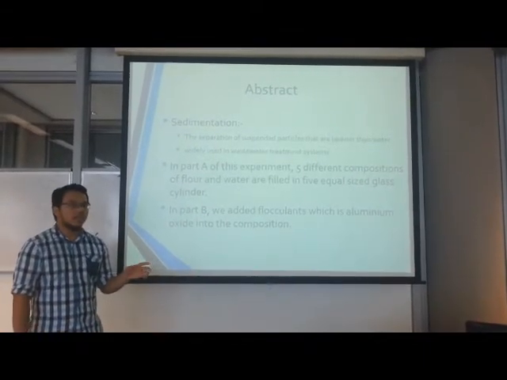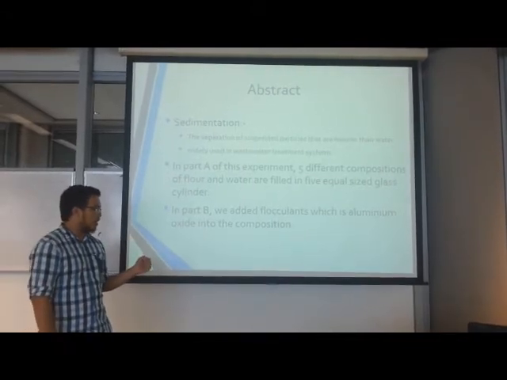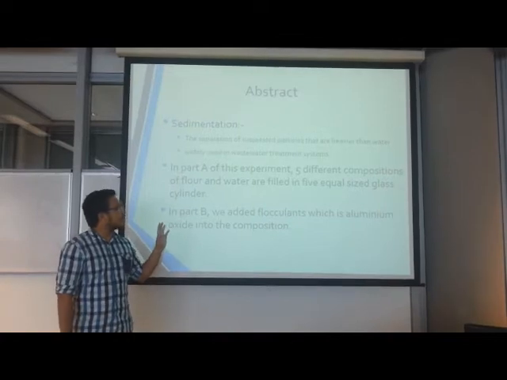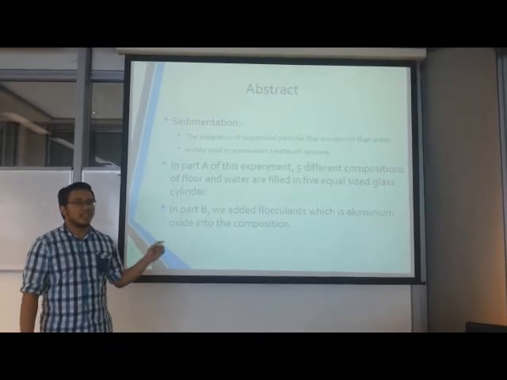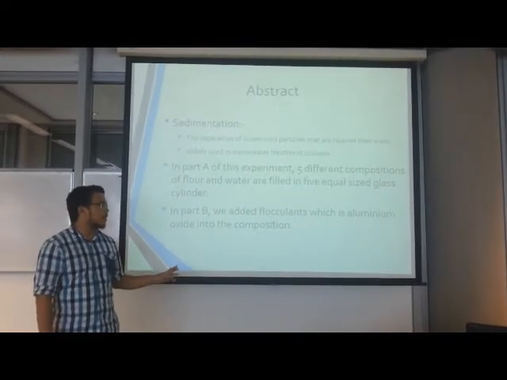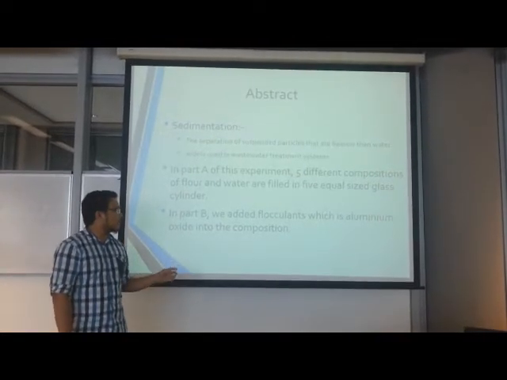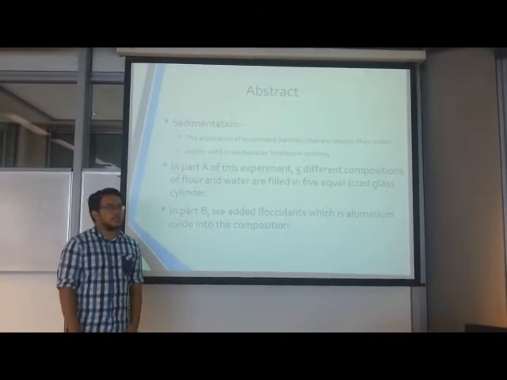For part B, we use the same procedure as part A, but this time we add flocculants. For the flocculants, we use aluminum oxide and we put it into the composition.